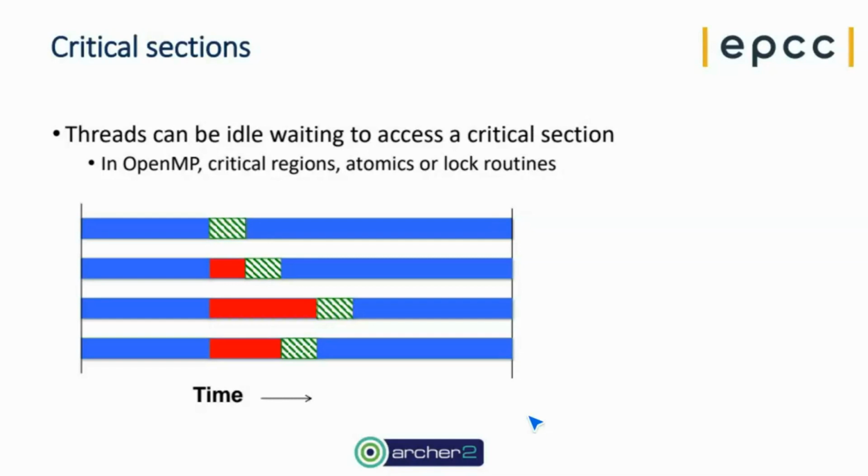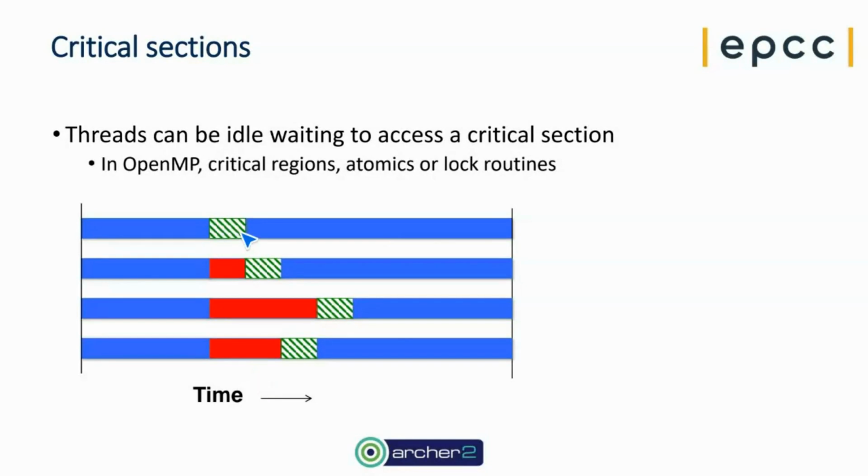Another place where we can get idle threads, for example, is critical sections. If we have a block of code which only 1 thread at a time is allowed to execute, so in OpenMP, that might be critical regions or atomics, or if we use lock routines to do mutual exclusion, then we say, for example, here, and again, we've got a timeline.